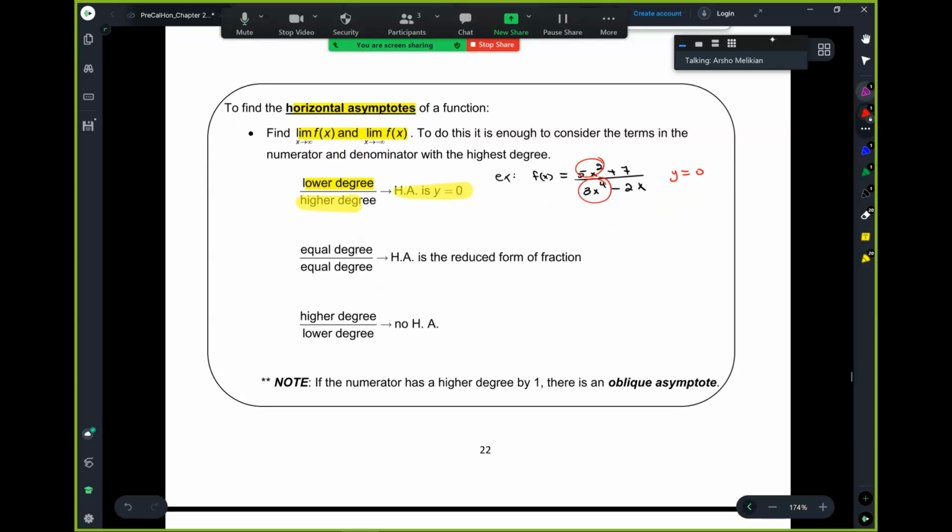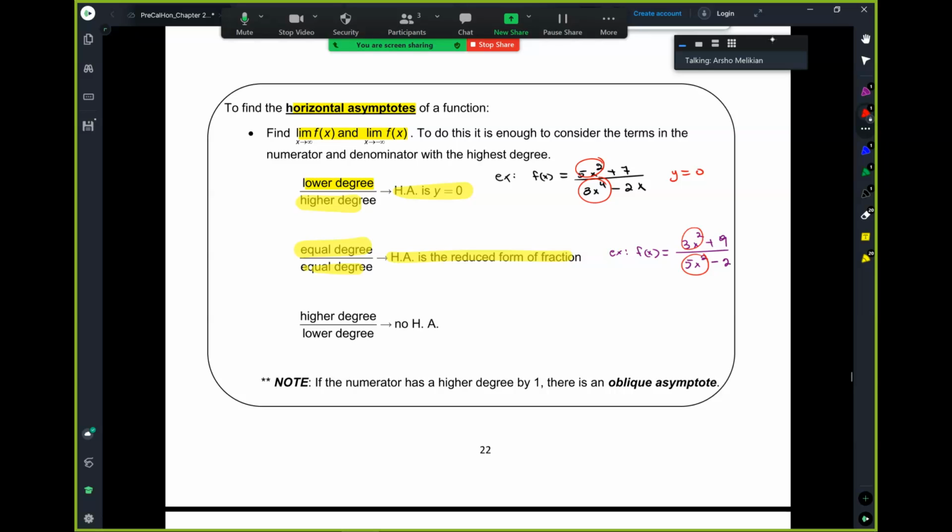Okay. If you compare and there is equal degree on top and bottom, then the horizontal asymptote is the reduced form of the ratio of the coefficients. So for example, suppose f of x is equal to 3x squared plus 9 over 5x squared minus 2. Compare the terms with the highest degree from top and bottom.